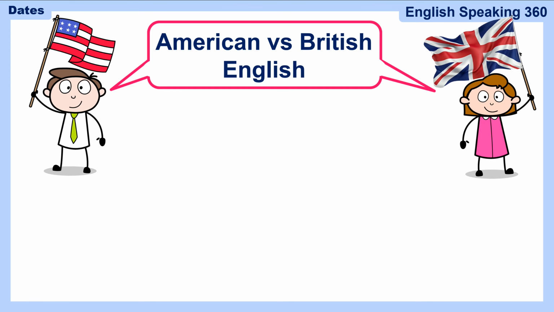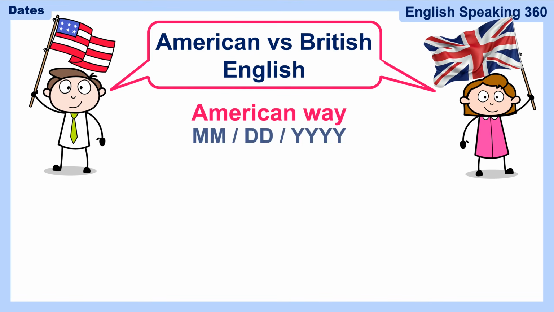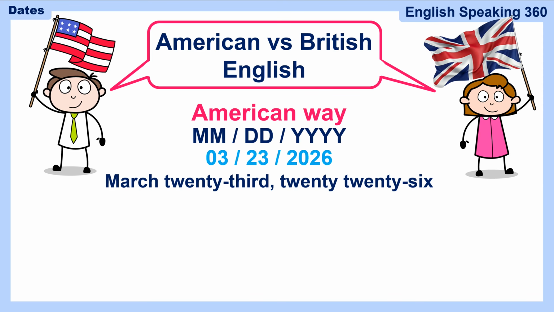American versus British English. There is a difference. The American way is a little bit strange because we start with the month and then the day and finally the year. So here you can see it's March 23rd, 2026. So this way of saying the date actually matches the American way of writing the date.